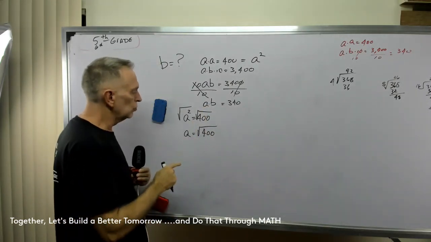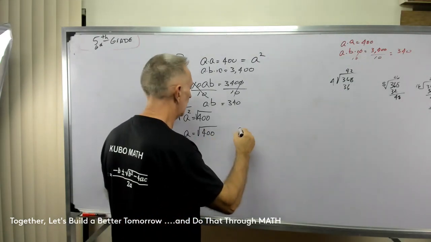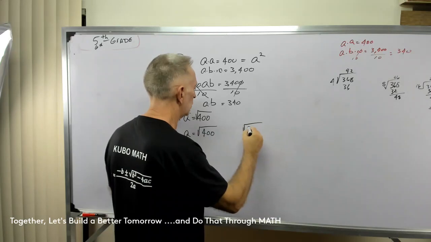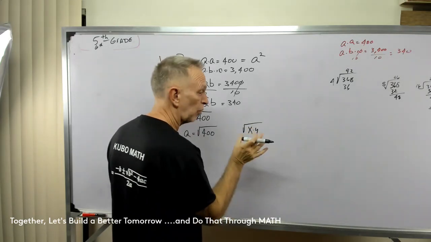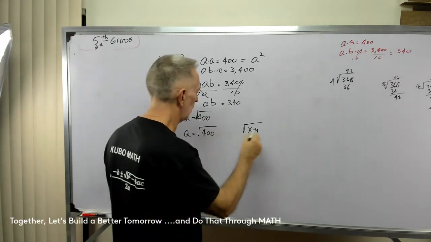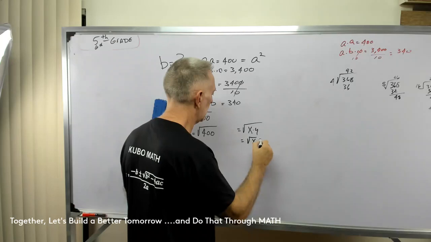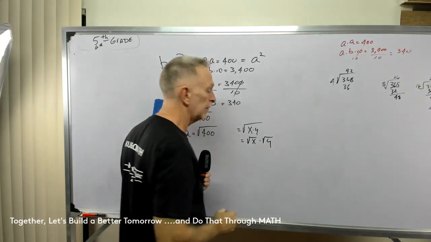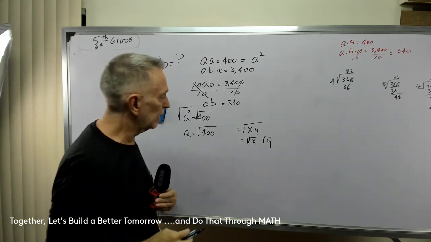Now, one of the rules in square roots: if I have the square root of X times Y, you can break that into two pieces. It also equals the square root of X times the square root of Y. Let's challenge that.